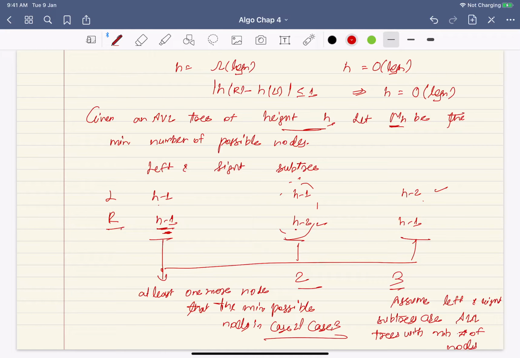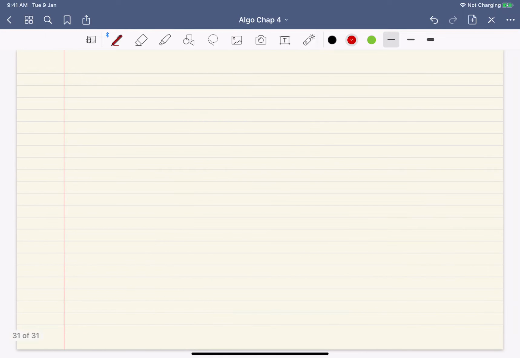So one has to have a height of h minus 1, another has to have a height of h minus 2. Now I can put an equation for how many nodes the overall tree will have. Minimum possible nodes are those in the left subtree and in the right subtree. One of them will be h minus 1, another will be h minus 2, plus I'll have one more node for the root.